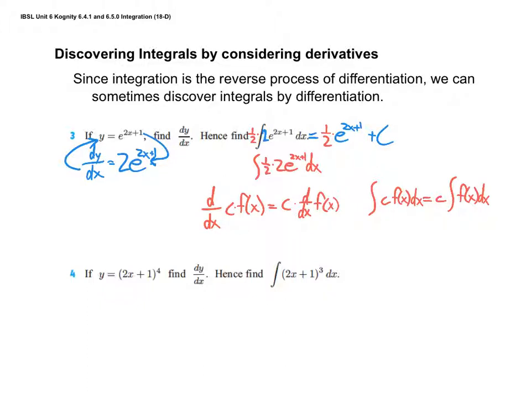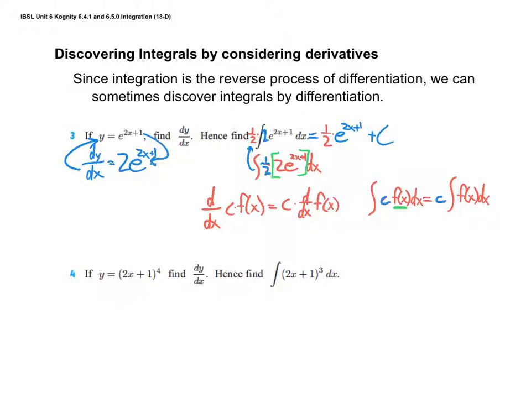So now I'm viewing this as that function, and the 1/2 is the constant. So I can pull that constant out in front of the integral. The other part just goes back to what it was before.